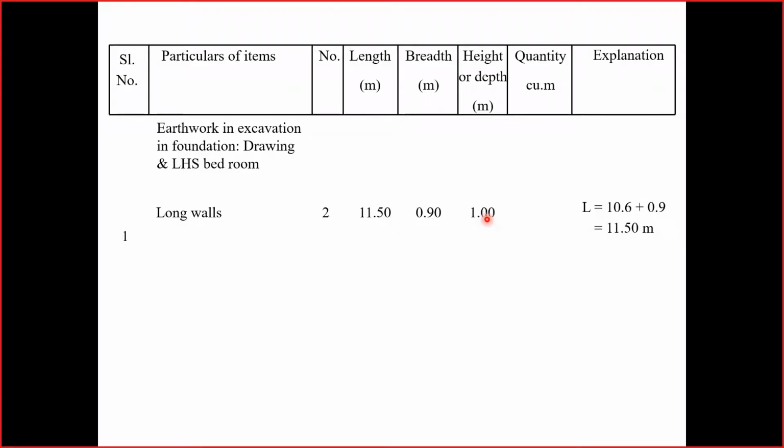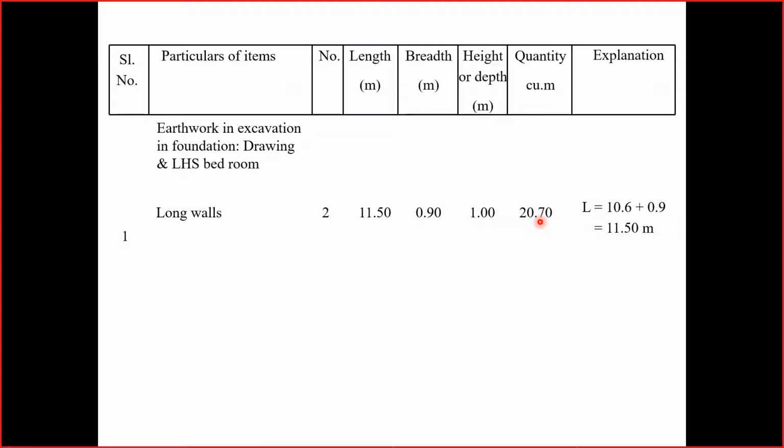So I'm going to input that value as 1 meter. The total quantity is the product of these, which we get as 20.70 meter cube, because length, width and depth are all in meters, so the product is in meter cube.